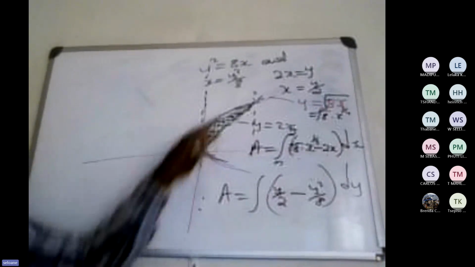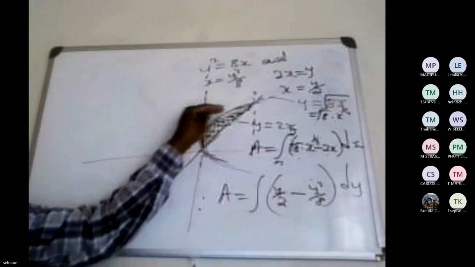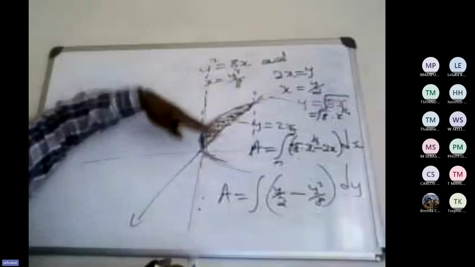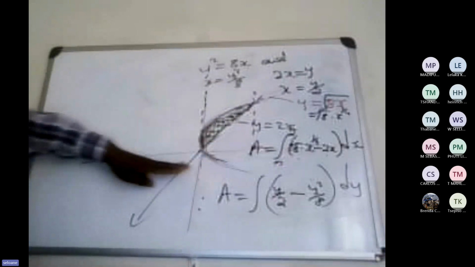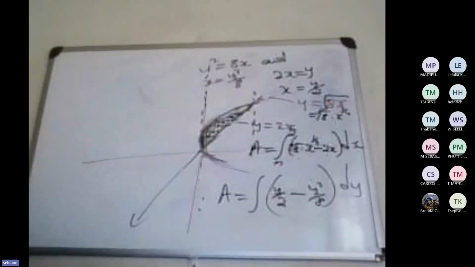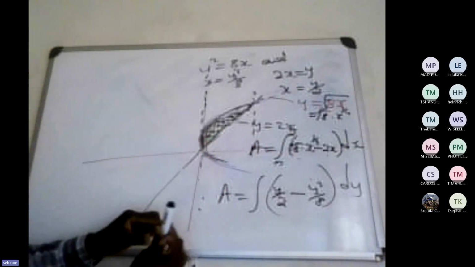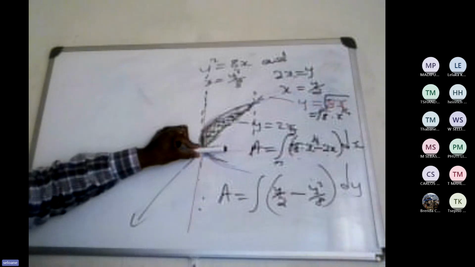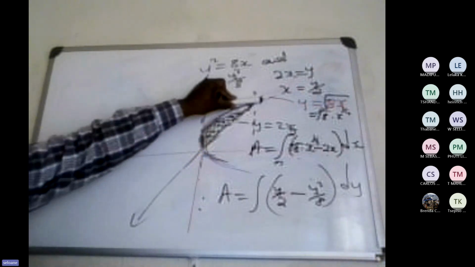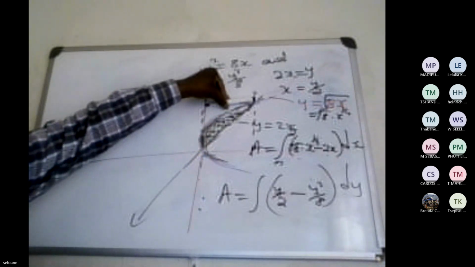Then we are now going to say this region is enclosed by which two horizontal lines? Everything must be y. What is the smallest value of y here? The region starts here and continues until y here.